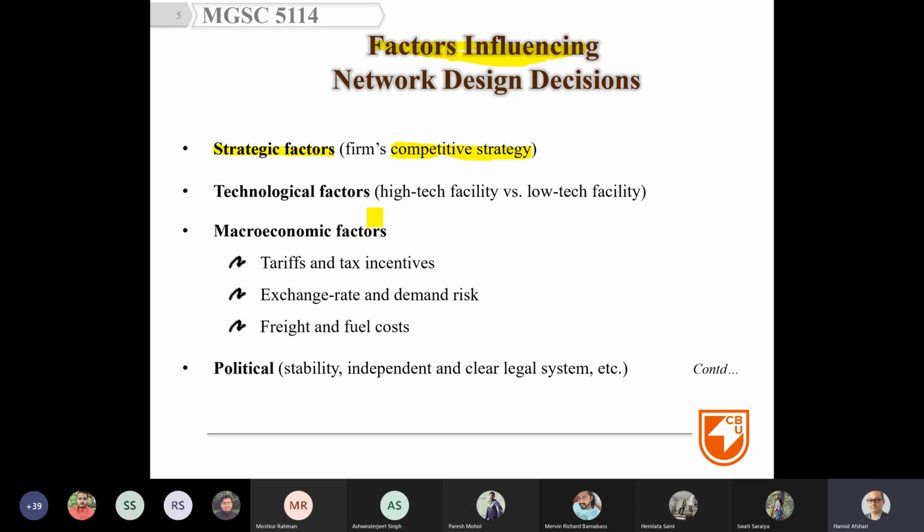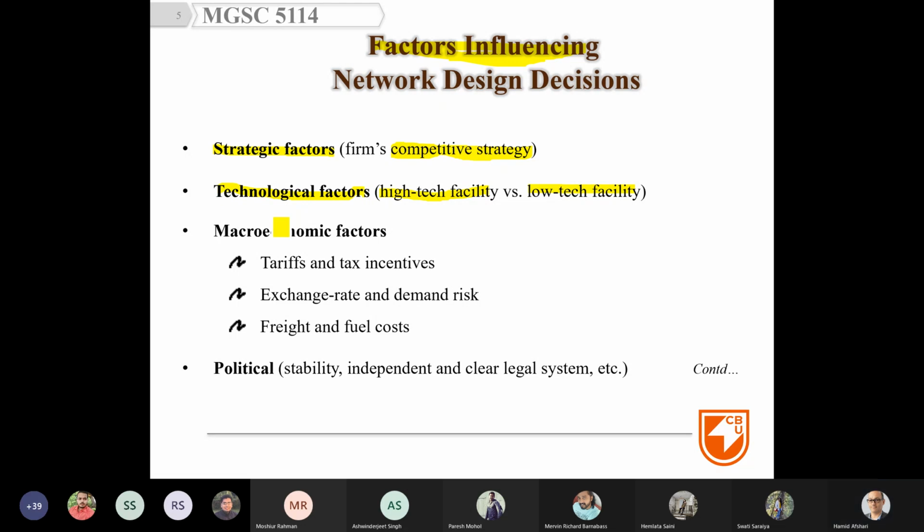Next one is technological factors. So high tech facility versus low tech facility. So how do you want to design your network? Is your product something that requires a high tech facility, or is this a product that you can make anywhere? Okay, why do you think technological factors matter?